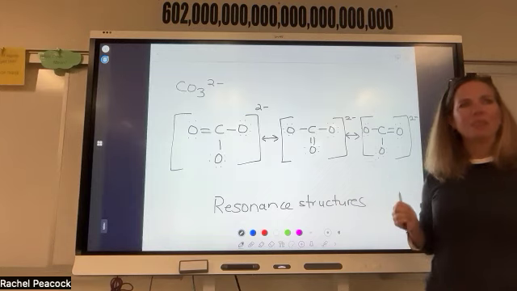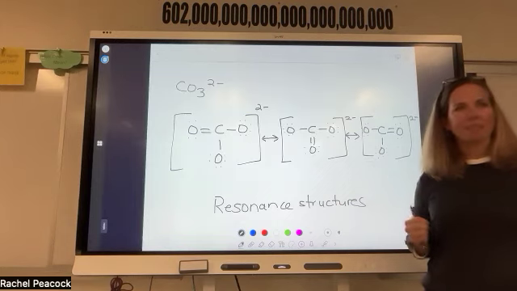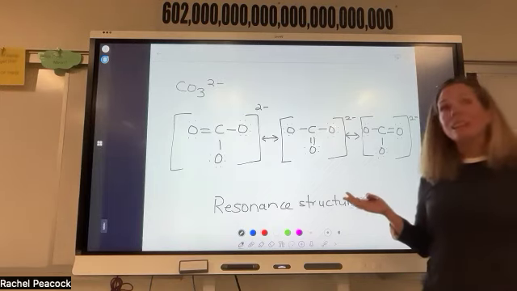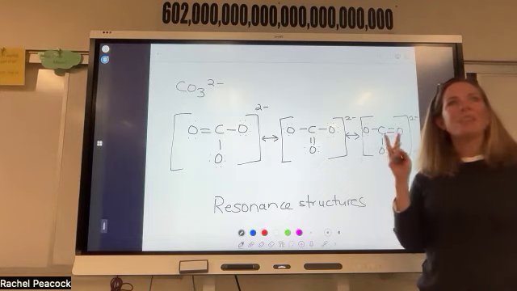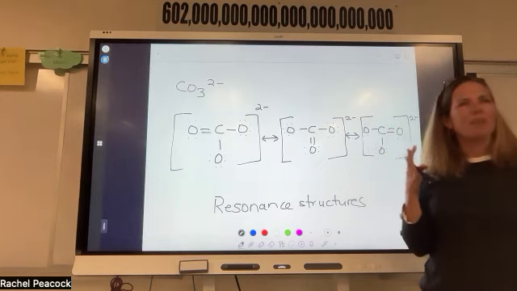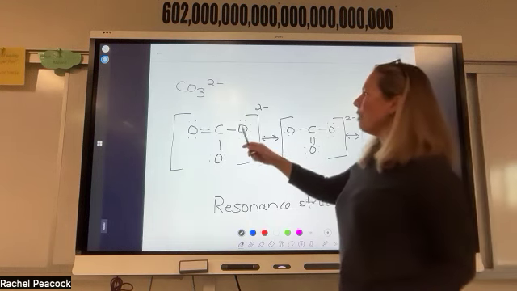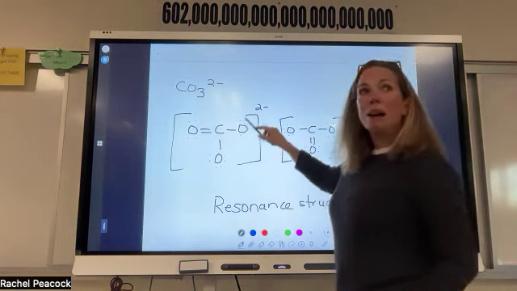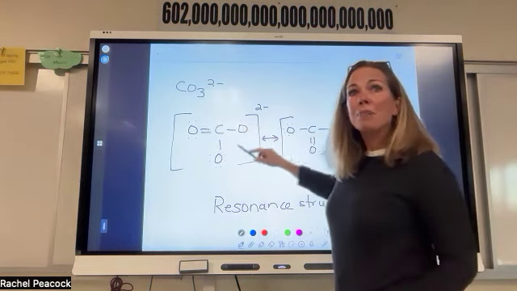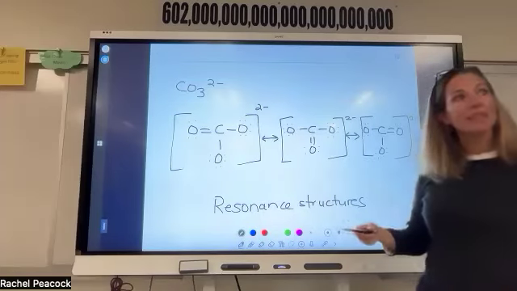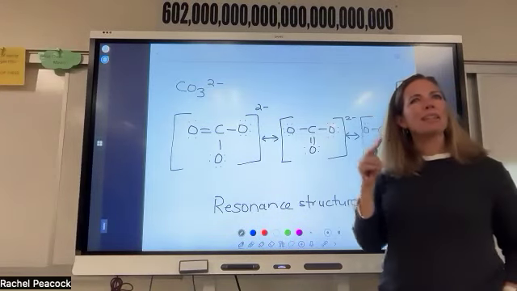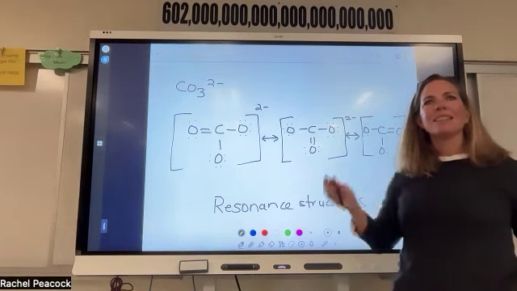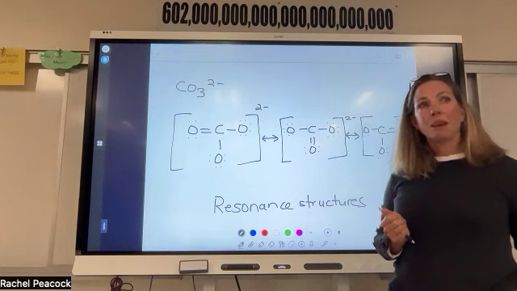It's in all of these locations simultaneously. And this gets considered a bond and a third. Instead of thinking single, single, double, it's single bonds, and then this double bond bops around to three possible places. So it's considered a bond and a third because that double bond is not consistently in one place.